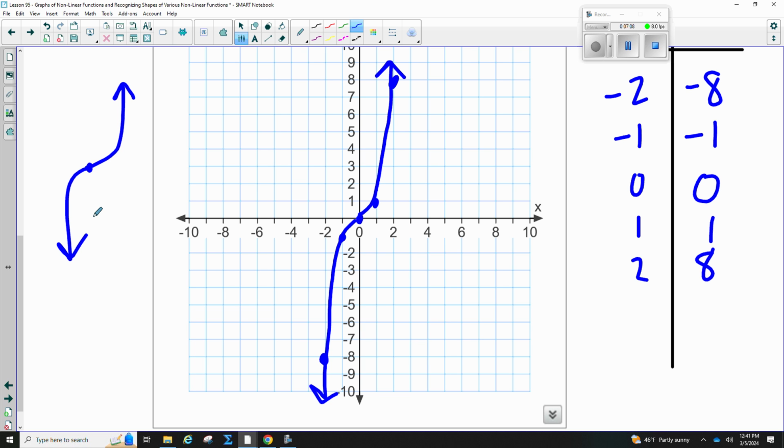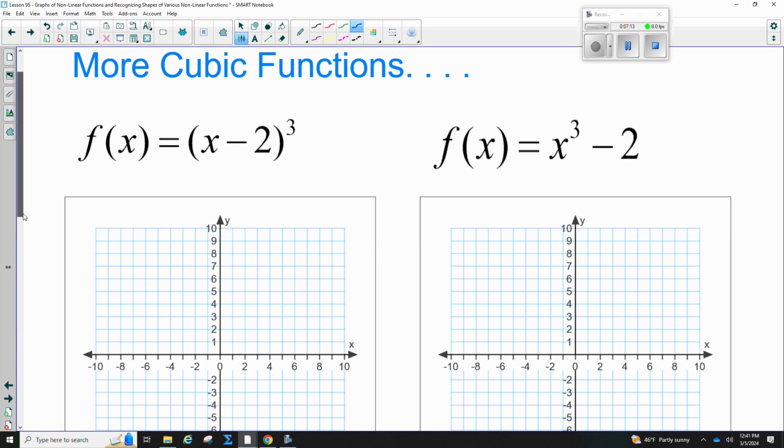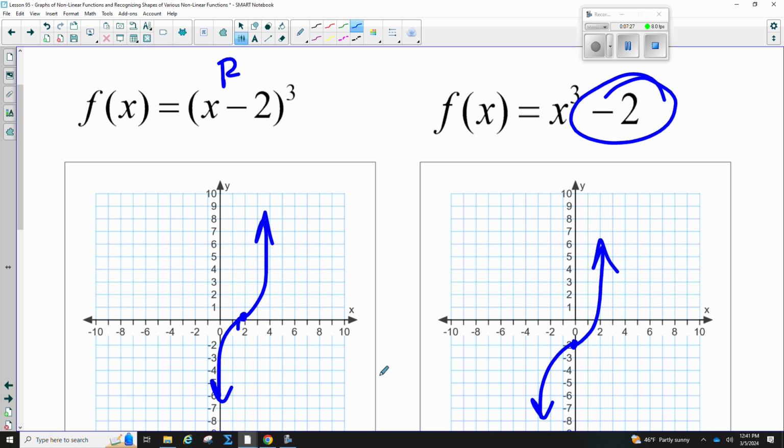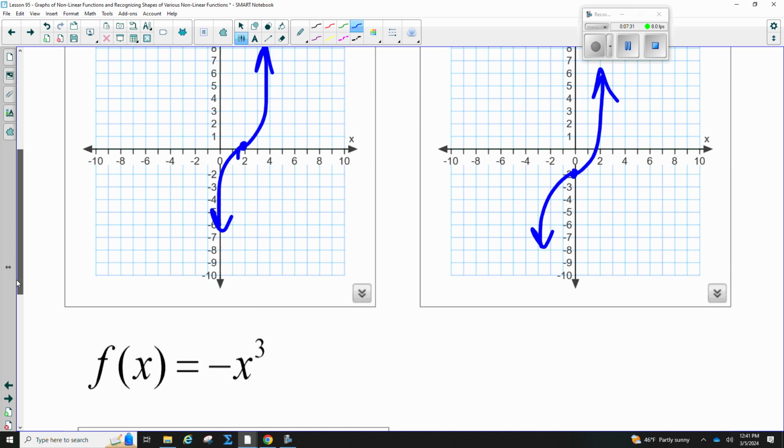Okay. All right. So quickly, let me show you some cool stuff. Don't write this down, okay? This guy is going to shift right 2. So it's my same graph shifted right 2. This one is going to shift, anybody remember? Down 2. Same cubic graph, but I put that center point down 2. All right? This is the 0, 0 point. And then I have the -1.